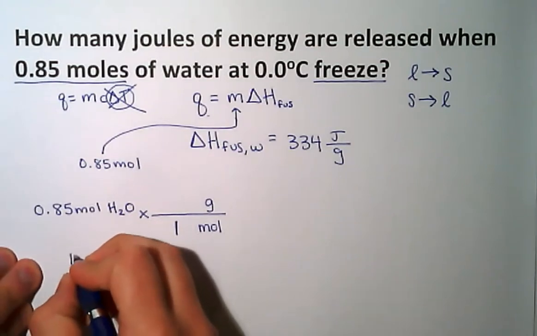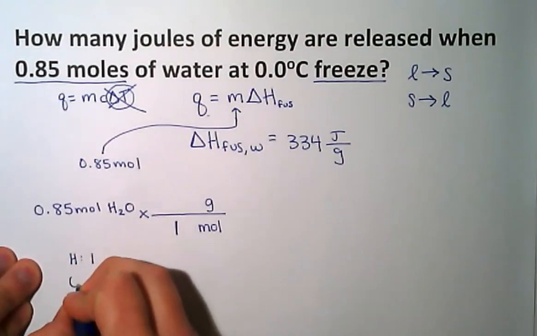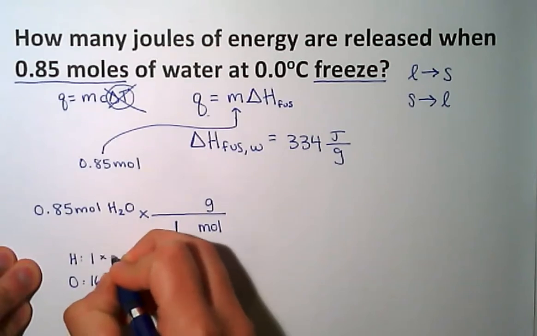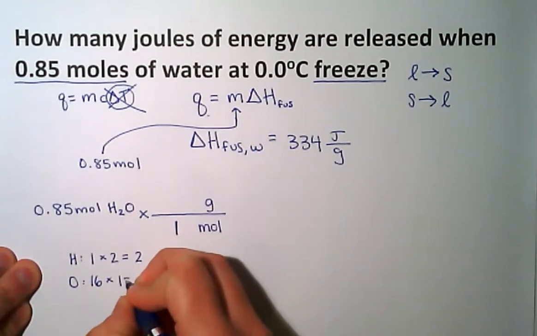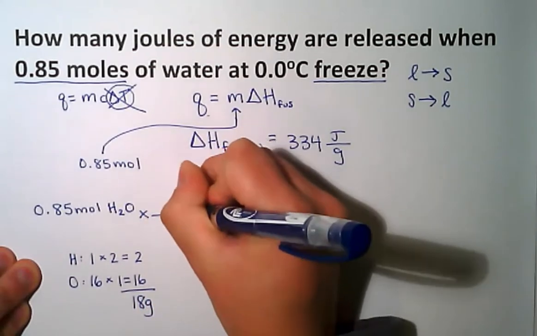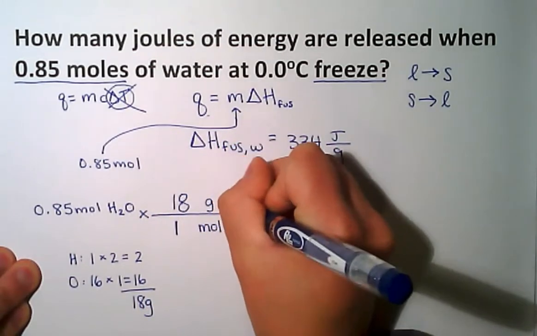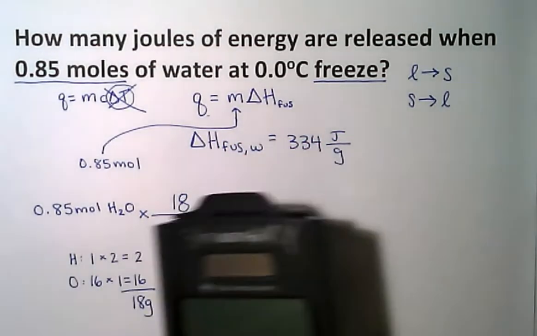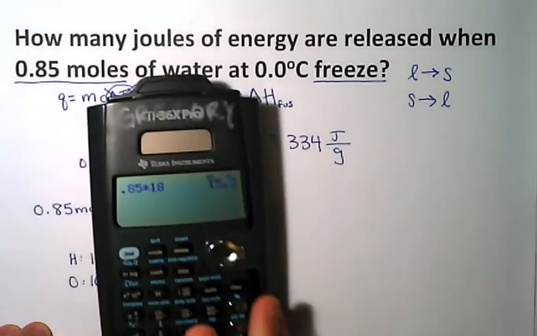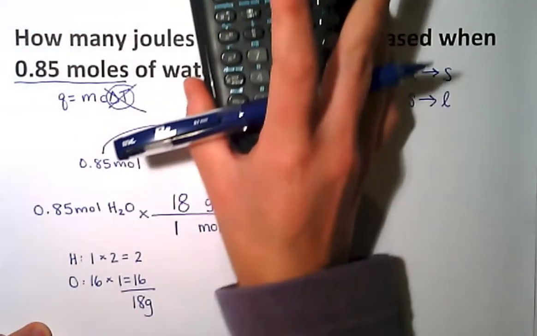We have 1 oxygen and 2 hydrogens, so that gives us a total of 18 grams per mole. So when we do 0.85 times 18, I got 15.3 grams.